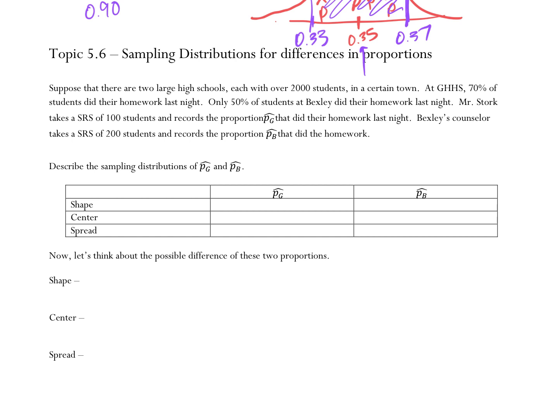All right, so let's say that there are two schools, Grandview and Bexley, where 70% did their homework last night at Grandview. Are you guys cool if I call that P Grandview and call it 0.7? Okay, and at Bexley, that proportion is only 50%.